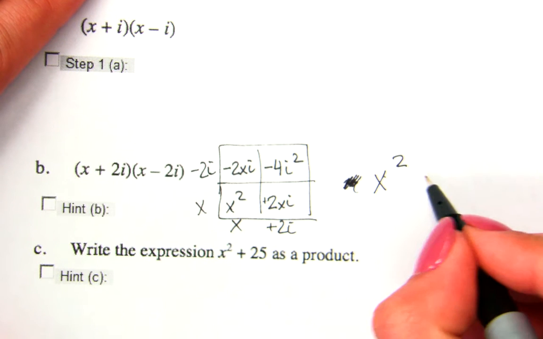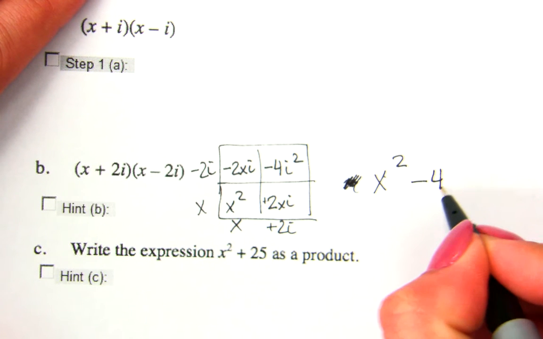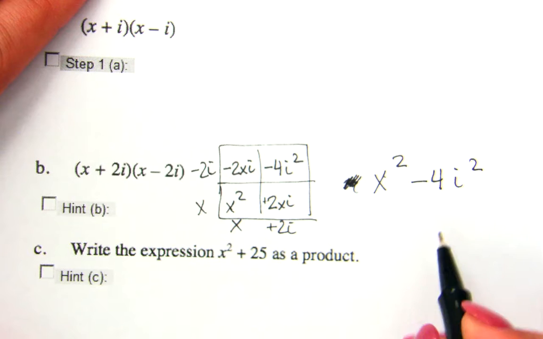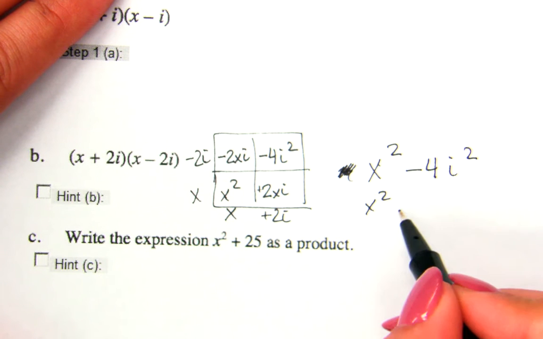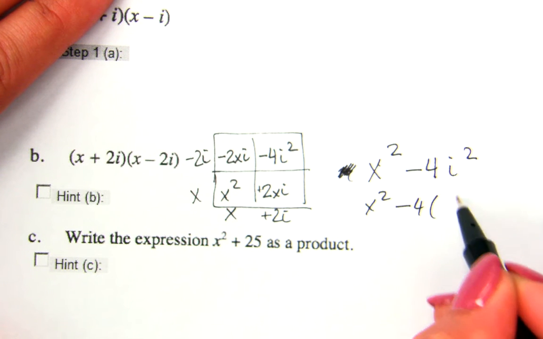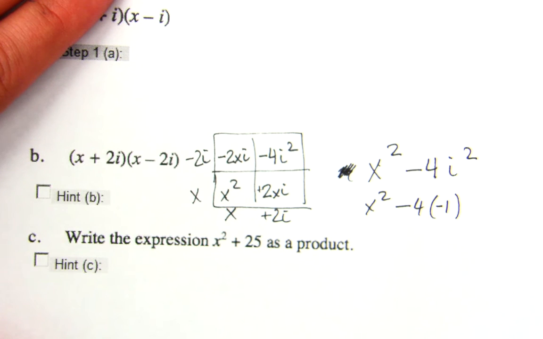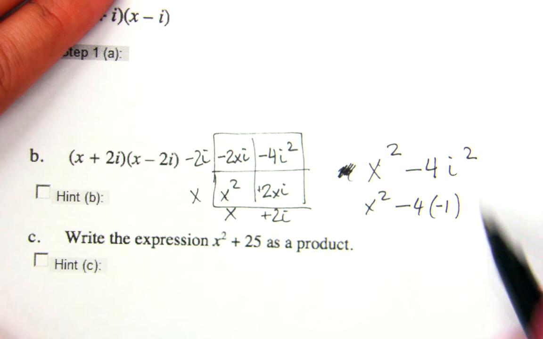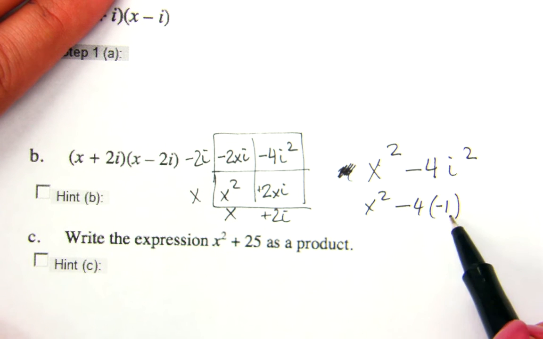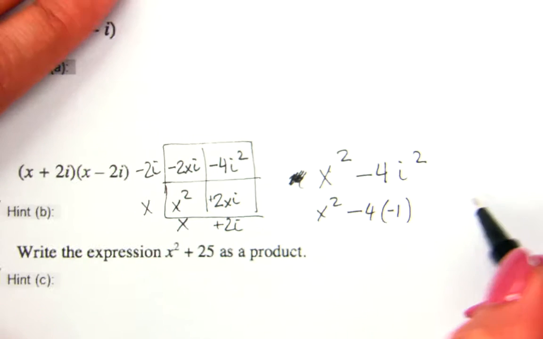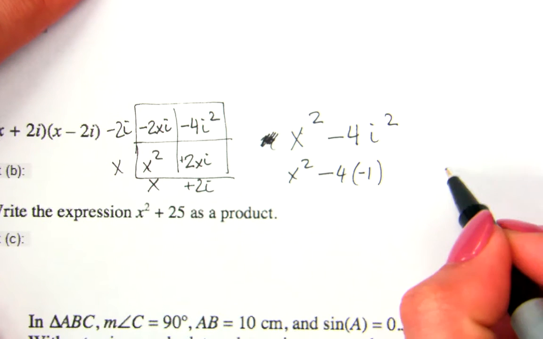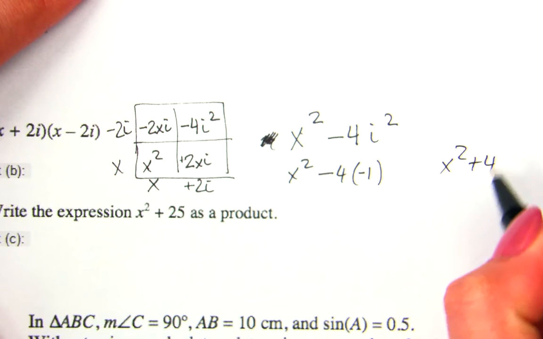So there's a zero pair right there, and we're left with x squared, negative 4i squared. i squared, if you don't remember, was negative 1. Hopefully you remember that. i was the square root of negative 1, which didn't really help us, but i squared was negative 1. And then you're left with, as a final result, x squared plus 4.